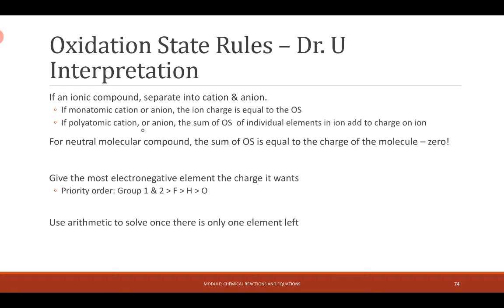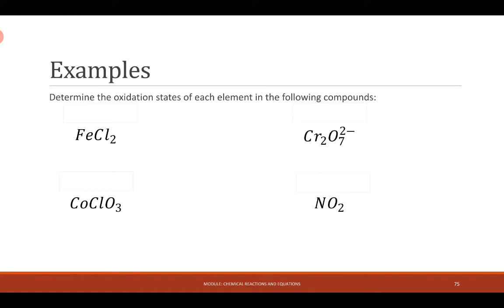If it's a polyatomic cation or anion, then the sum of the oxidation states of the individual elements has to add up to the charge on the ion. If it's a neutral molecular compound, then you have to remember that the sums are equal to 0. And then you just start giving elements their common ion charges until you're only left with one element, and then you use arithmetic. So let's see this in action.